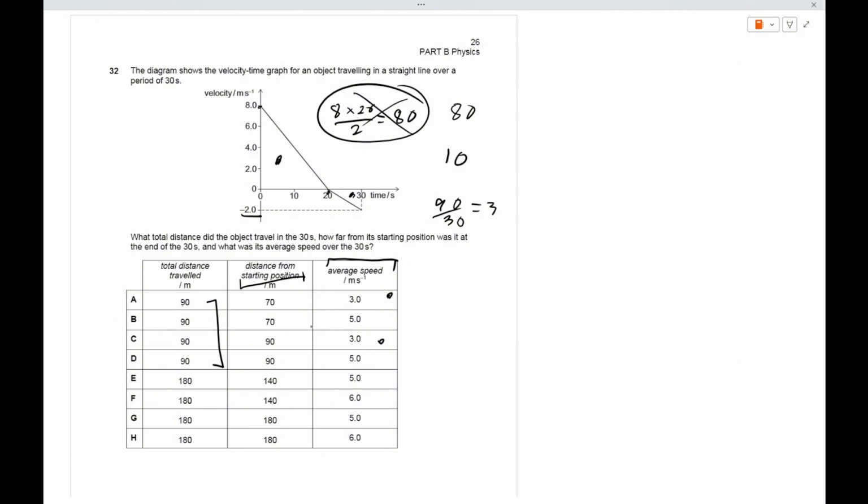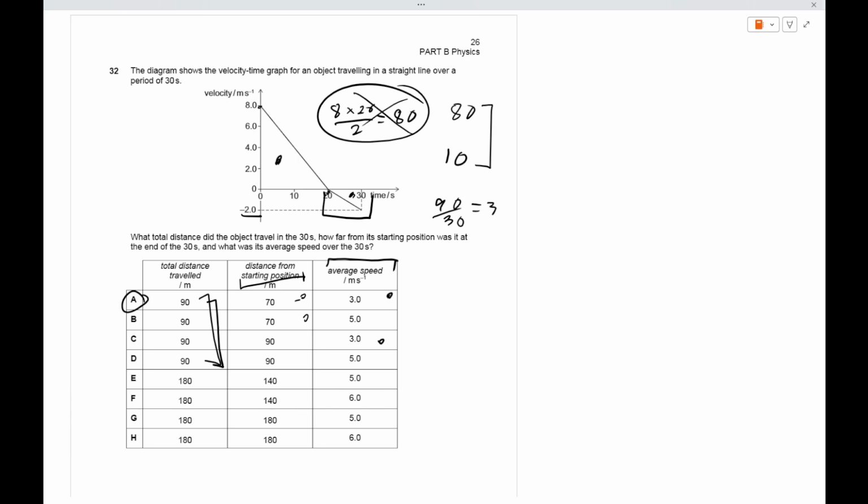You don't really have to do the calculation, though it's really easy because you have the numbers here. So you know that 70, it's going to be A. But if you had harder numbers and you didn't want to calculate it, you'd only have to know that the distance from the starting position, which is the displacement, is going to be less than the total distance traveled, because you have a portion of the graph that's underneath the x-axis.